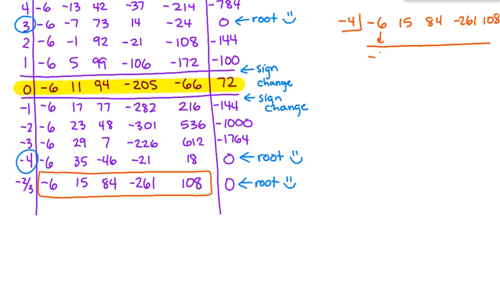Bring down the first number, multiply by negative 4, add. 39 times negative 4 is negative 156, add.